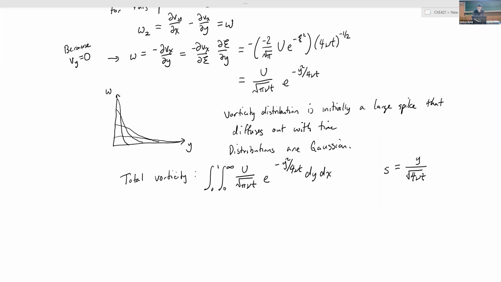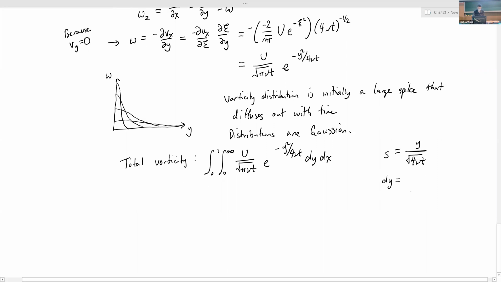Then it turns out that dy is equal to ds times the square root of 4 nu t. So I can plug that into this integral right here, and this integral now looks like this.